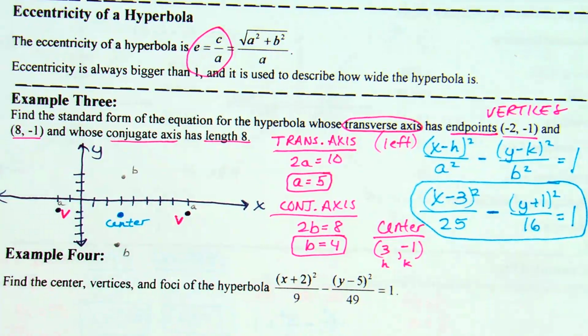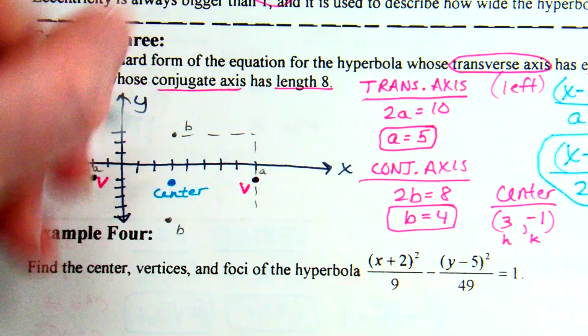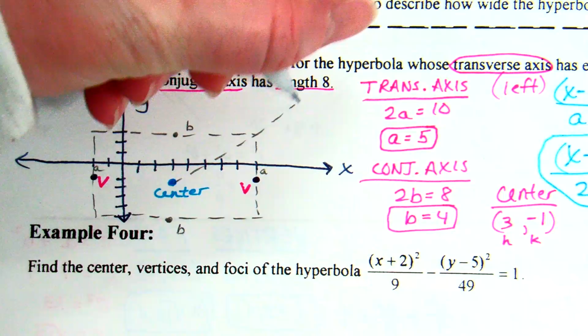I do them in pencil. And what does drawing that box help me do? So you can draw your asymptotes through there, right? Asymptotes should go through the diagonal corners and through your center point.